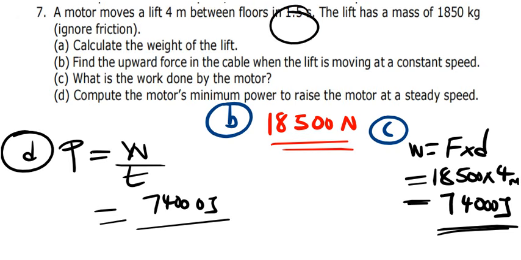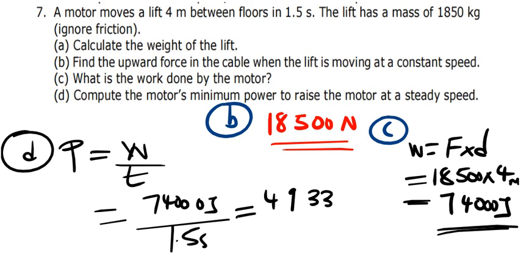Yes, 1.5 seconds. I already have my 74,000 on my calculator, so I'm just dividing by 1.5. That is giving me something like 49,333 watts. However, I can approximate it to be around that.